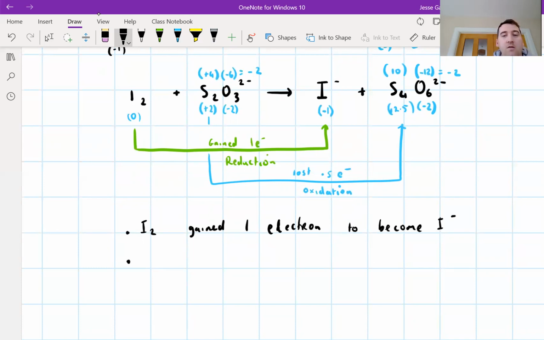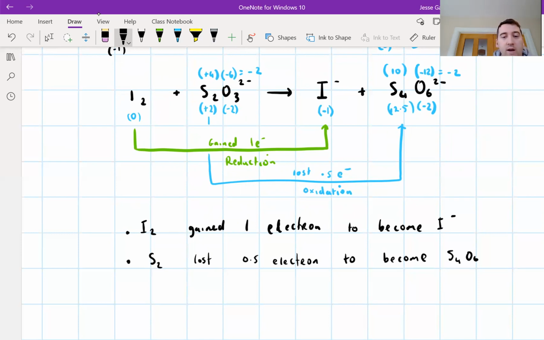The second thing that happened is that S2, or if you like, S, gained, sorry, didn't gain, it lost 0.5 electron to become S4 in the S4O6.